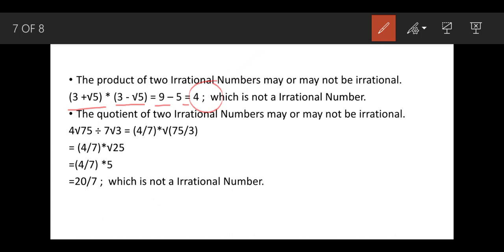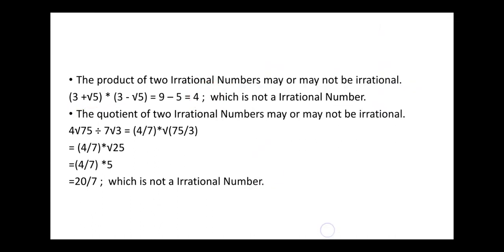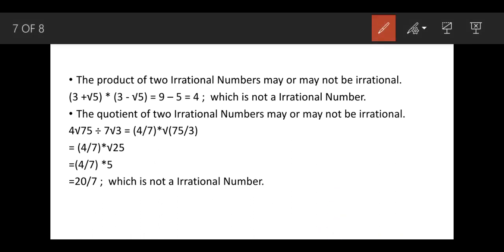The quotient of two irrational numbers may or may not be irrational. Take 4 root 75 divided by 7 root 3, which is 4 by 7 multiplied by root 75 by 3.